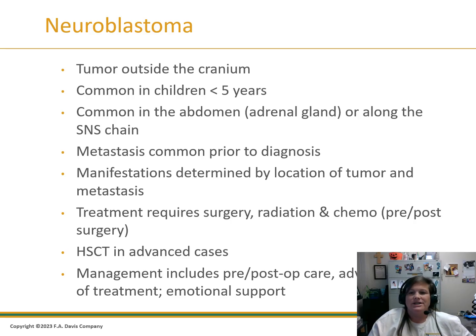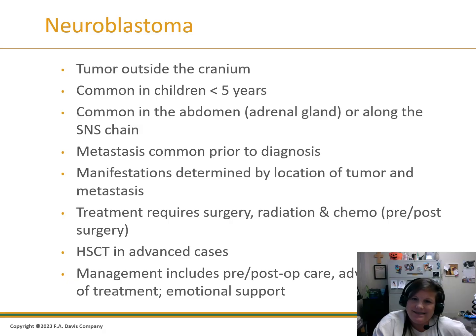Chemo and radiation can then also be used after surgery. So sometimes they'll require it pre and post having surgery for this patient. And that is to help either shrink the tumor or allow them some time to be able to get that tumor removed and then provide additional follow-up management.